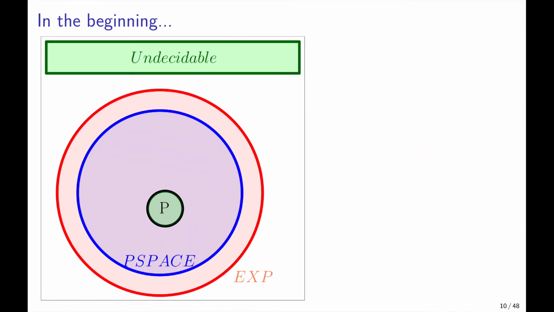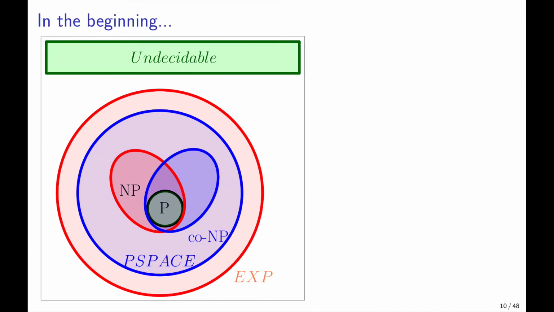Of course, those two classes are pretty awful. So the class we really care about is P, polynomial time, that we had seen. All would be wonderful and great if all interesting problems were in P, but unfortunately we know that this is not true. So containing P, there are two decision problem classes that are very important. One of them is NP, non-deterministic polynomial, which is what we're going to spend today talking about.